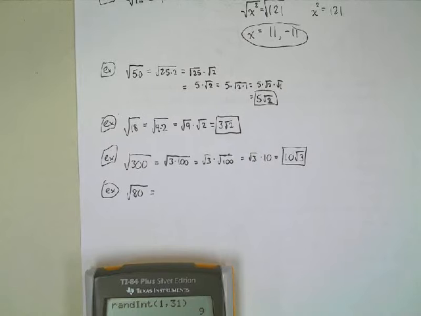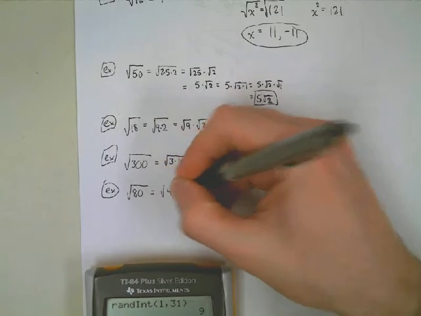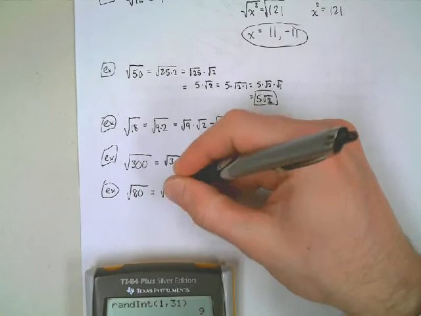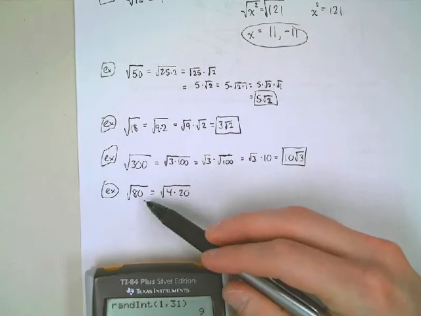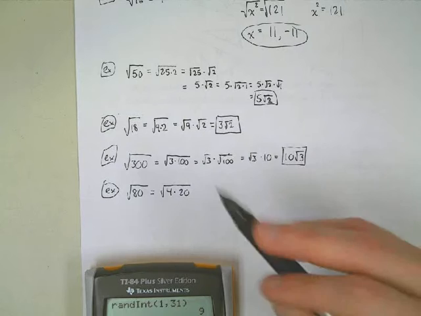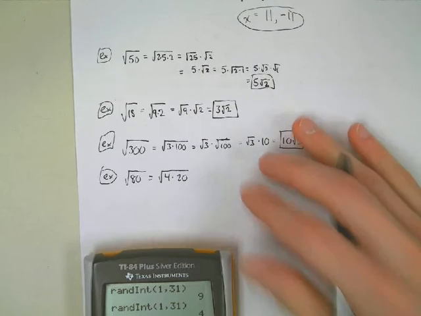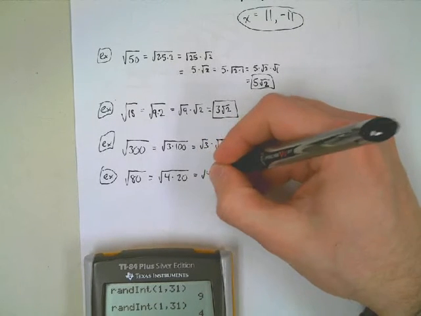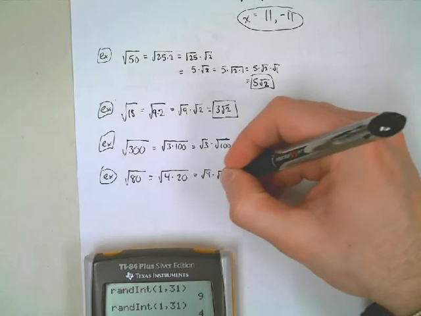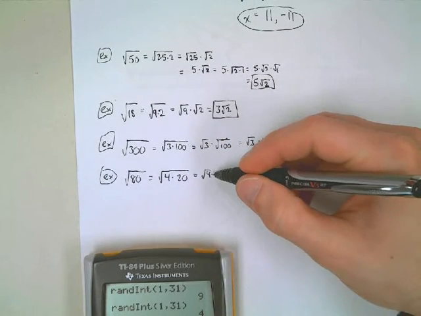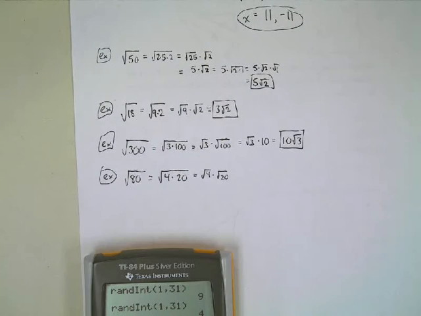What perfect square can we divide 80 by? 20 and 4, right? Okay, perfect. So 80 is the product of 4 times 20, and so we break that up. Square root of 4 times the square root of 20. Okay, Mitch, what's the square root of 4? 2. It's 2.